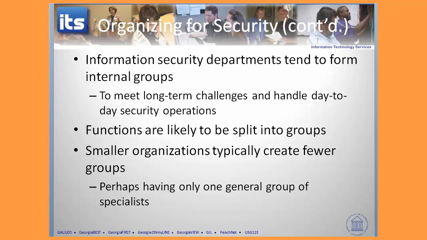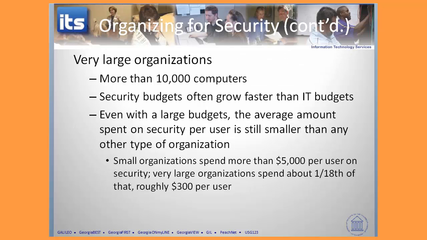All right, let's start talking now at the top end of the scale. Let's say that we've got a very large organization. Here you got more than 10,000 computers. That's the definition that we're using for a very large organization. Security budgets are going to grow faster than IT budgets because of the risk and complexity associated with that.